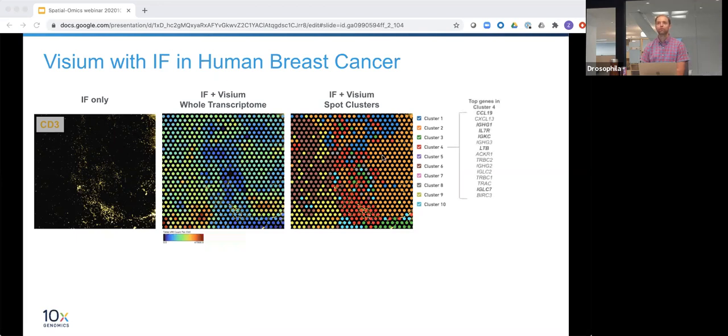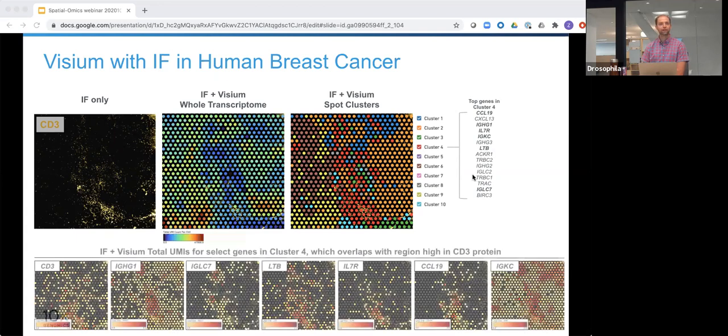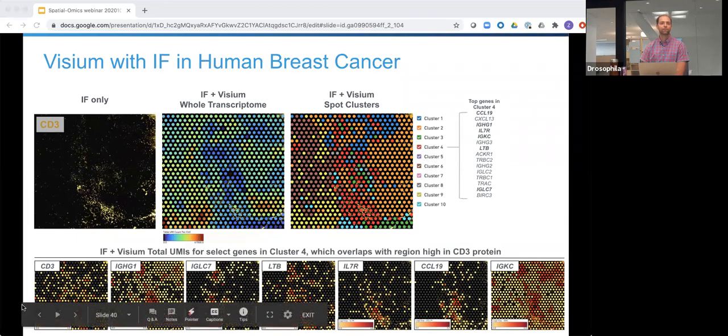And when you find out what genes are most upregulated in cluster 4, you see that they're all fairly related to immune markers that you'd expect in CD3 positive cells. And so this was a good validation of what we were looking at. You can obviously take this a step further. You can look at actual CD3 counts.